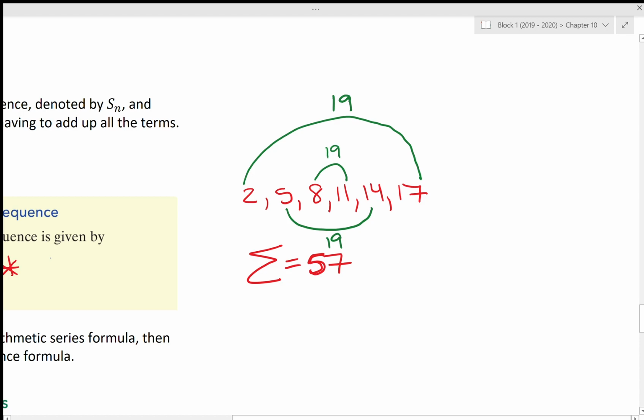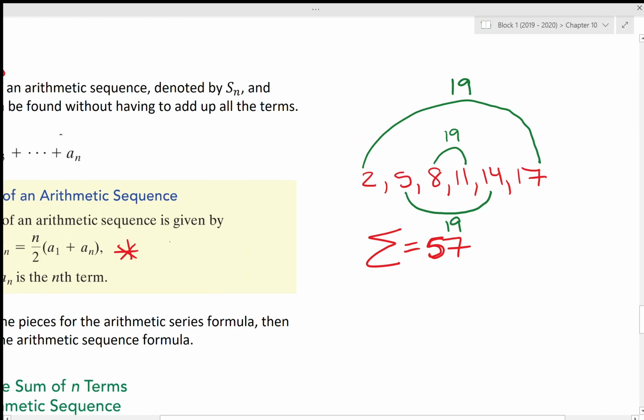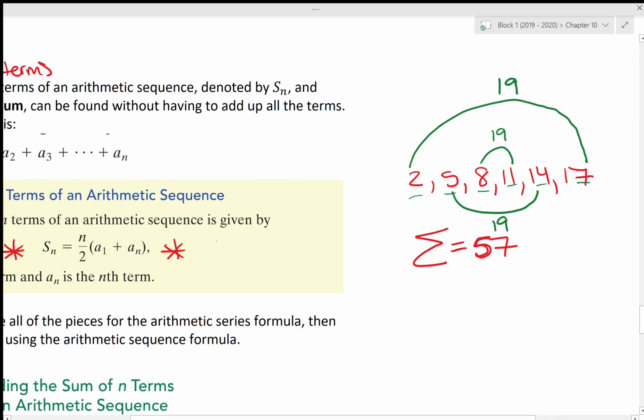When you work from the outside and pair them up and work your way in, they'll always add up to the same thing. So instead of adding all of them up, you can take that 19 and add it 3 times. Now, why 3 times? There are 1, 2, 3, 4, 5, 6, so 6 terms. Cut that in half because you're pairing them, it's 3. That's where that n divided by 2 part comes from. So we add the first and the last term half the number of times together.